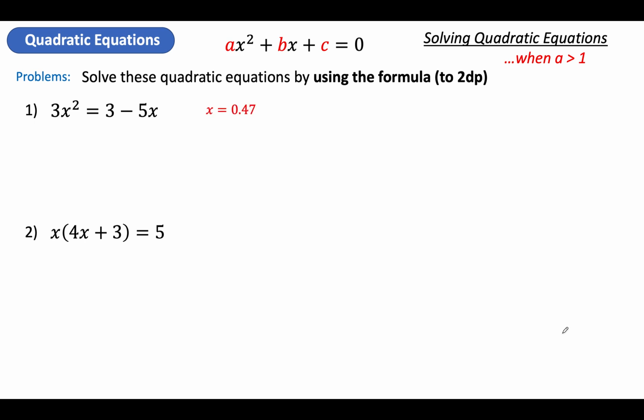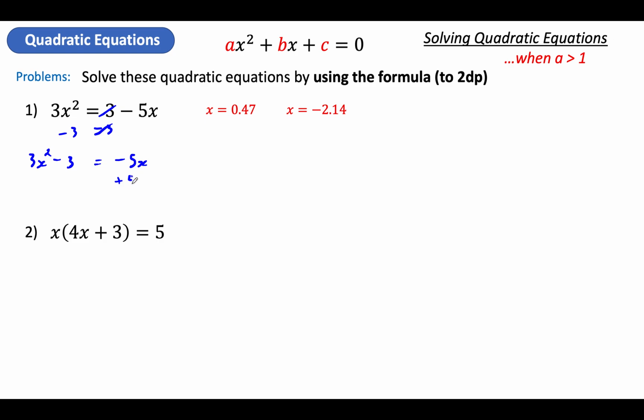Okay, let's see then. I've got 2 answers for you, but how did I get to those? Well, you need to rearrange your equation first. So you need to, first of all, take 3 away from both sides. So you get 3x squared take away 3, which equals, and of course that cancels out to leave negative 5x.